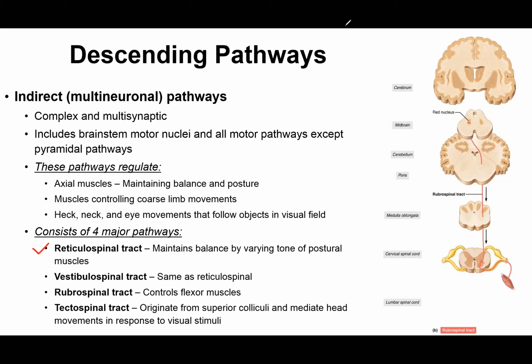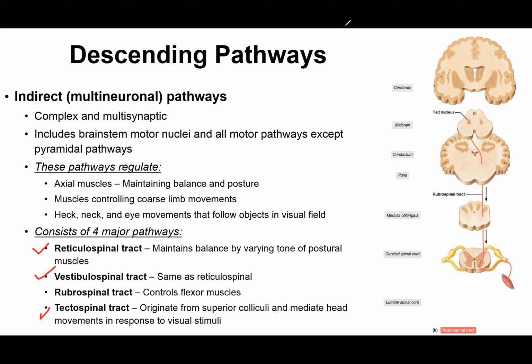So we talked about those. The rubrospinal tract is going to be the one that controls our flexor muscles. And the tectospinal tract is actually originating from the superior colliculi. And if you guys remember, that was in the midbrain, the superior colliculi, and tectospinal tract is going to mediate head movements in response to the visual stimuli. Okay, so that's the job of the tectospinal tract.